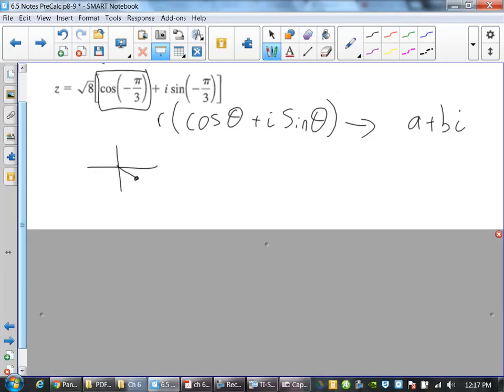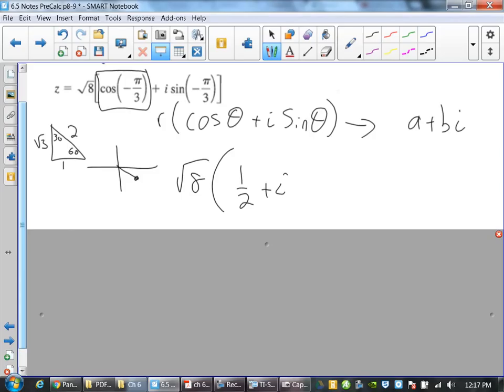60. So we have a 30, 60, 90. And what's the cosine of 60? 1/2. And it's going to be positive because it's in the fourth quadrant. Okay? So right now we have square root of 8 times 1/2.